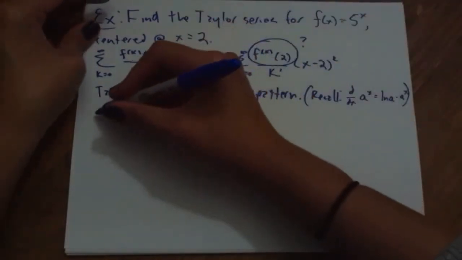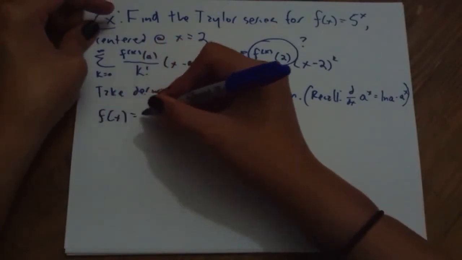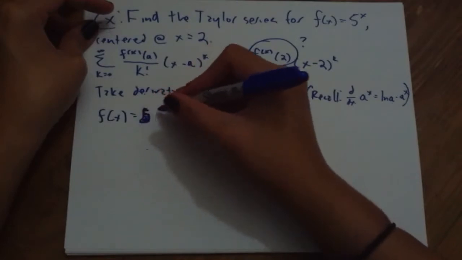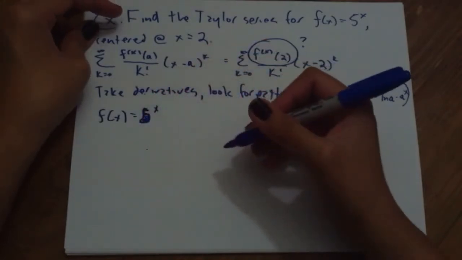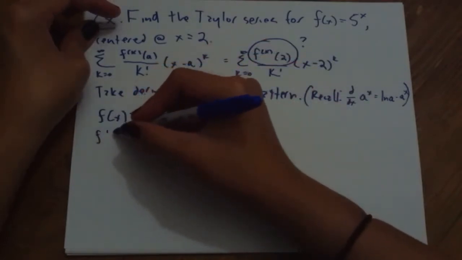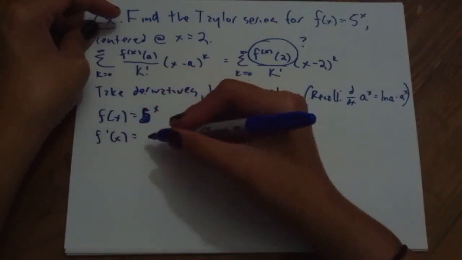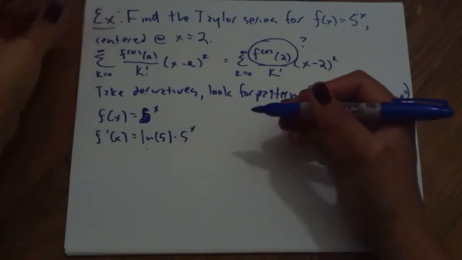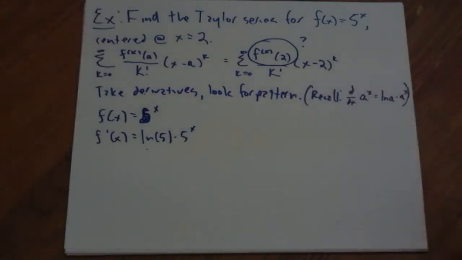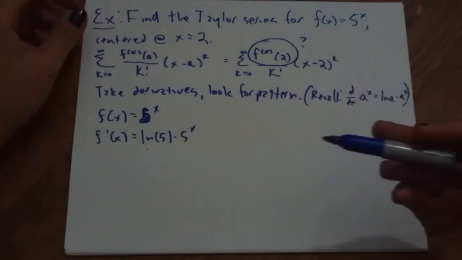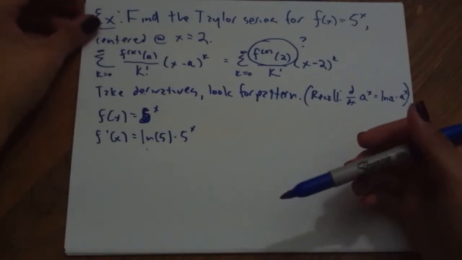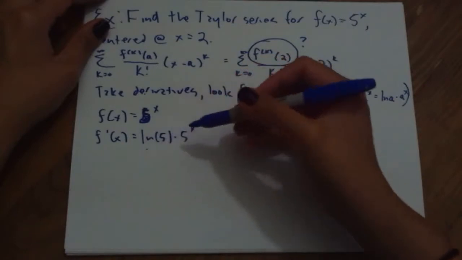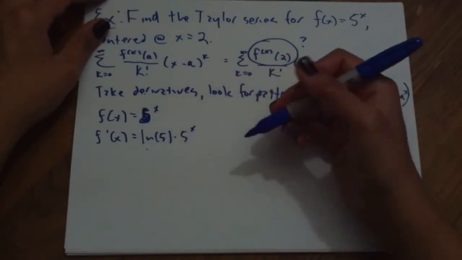So if I'm taking derivatives here, we are starting with the function 5 to the x. That means when I take my first derivative, this is going to be natural log of 5 times 5 to the x. Remember, the way that constant coefficients work when you're taking derivatives is you hang on to the constant coefficient and then you multiply by the derivative of the rest.